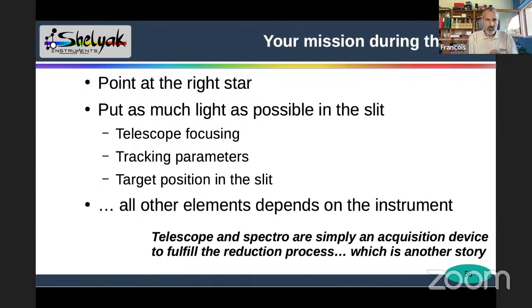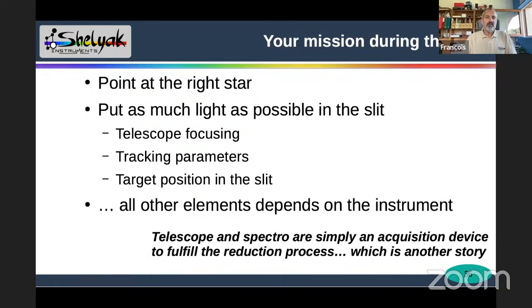So take care of the telescope focusing, take care of the tracking parameters, to make sure that the star is not moving, evolving, vibrating around the slit, and make sure also that the target position is really in the middle of the slit and not a few pixels aside. We could say, well, I'm not far, so it should be enough. And in fact, maybe you are losing 80% of the light, and this is a pity.